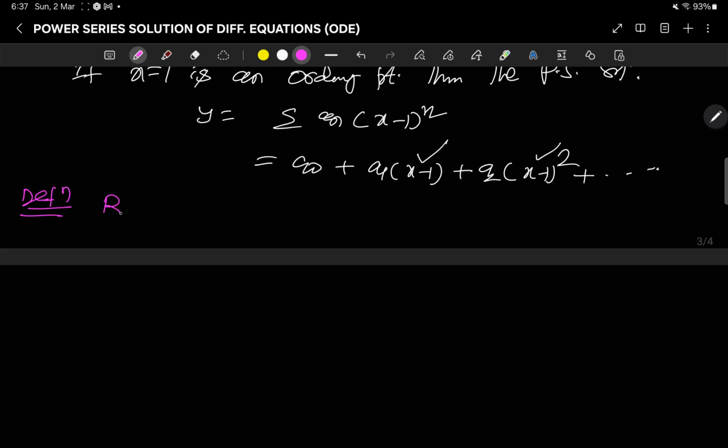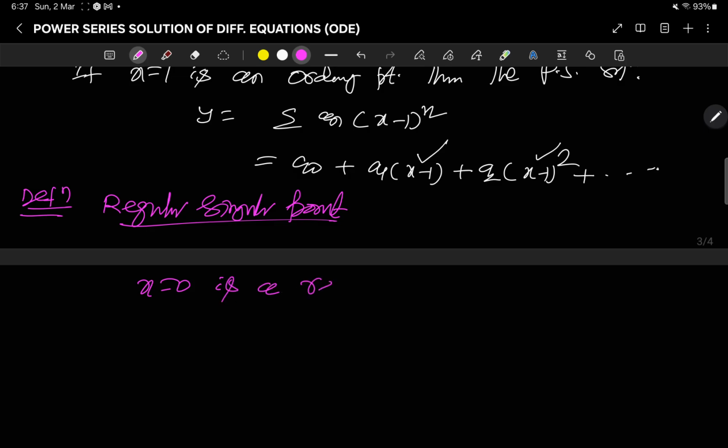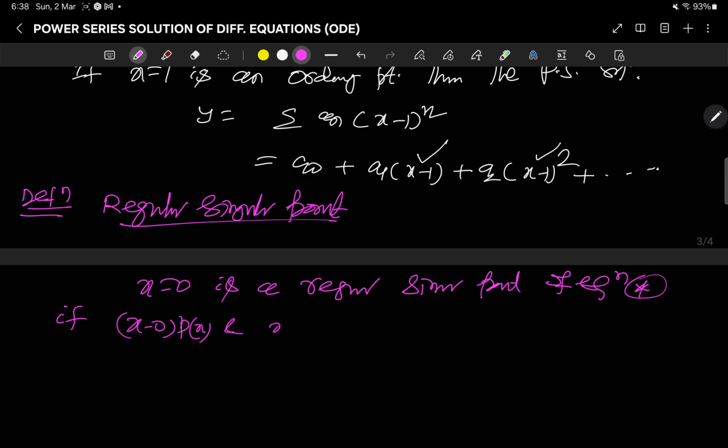Coming to another definition, regular singular point. I say x is equal to 0 is a regular singular point of equation star if x minus 0 into px and x minus 0 whole square into qx both are analytic at x is equal to 0.